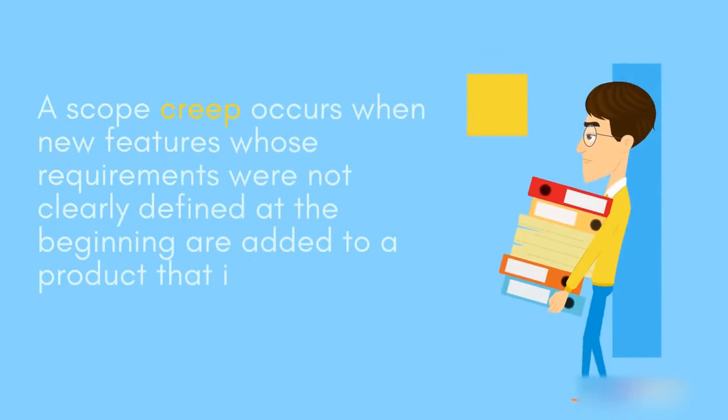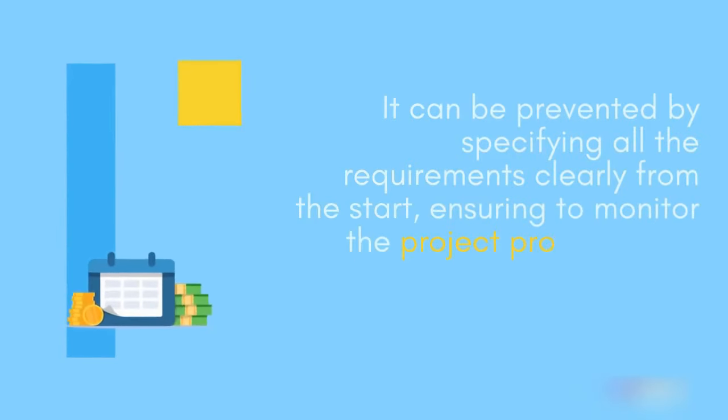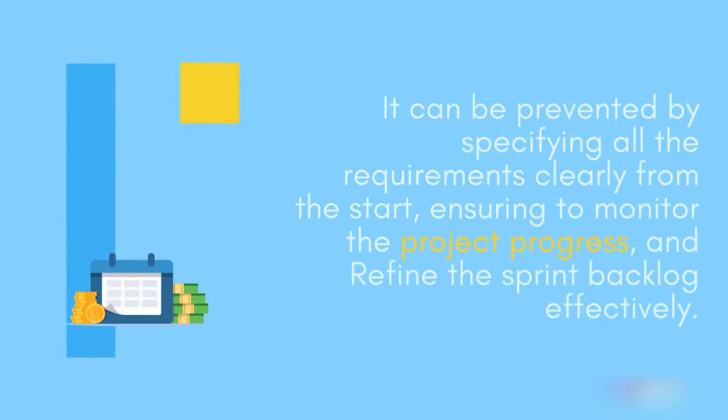Scope creep occurs when new features whose requirements were not clearly defined at the beginning are added to a product that is being developed. It can be prevented by specifying all the requirements clearly from the start, monitoring the project progress, and refining the sprint backlog effectively.